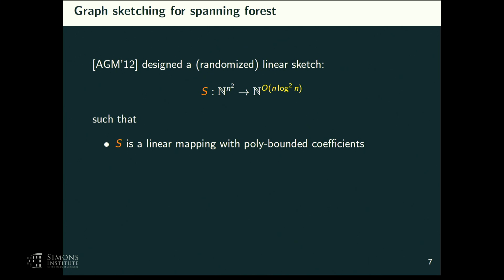So to encode the output, it takes n times log n cubed bits.